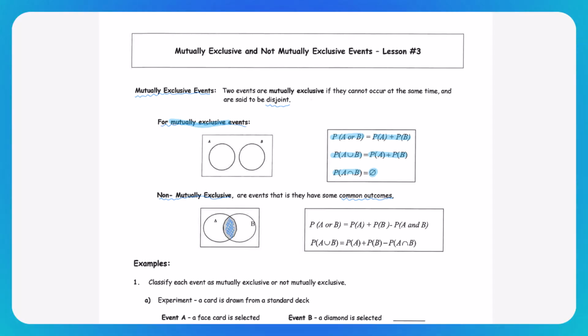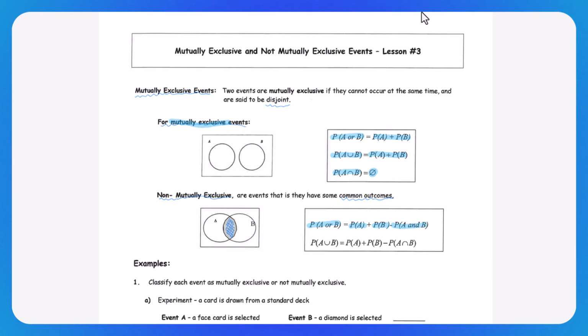So this event A is not mutually exclusive with B because it shares some common outcomes. And in this case, we want to look at the probability of A or B equaling the probability of A plus the probability of B minus the overlap.